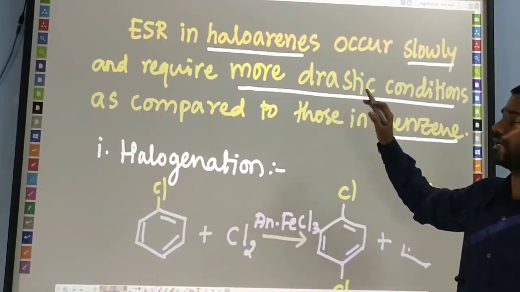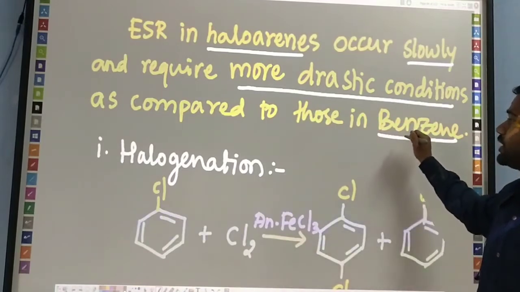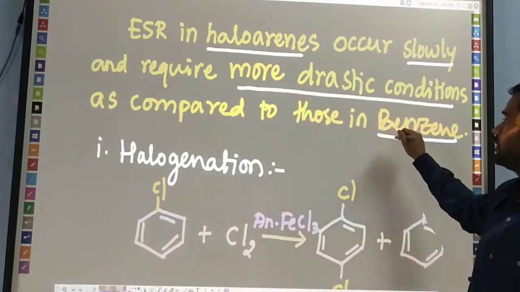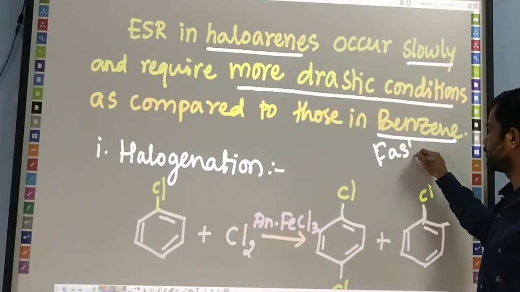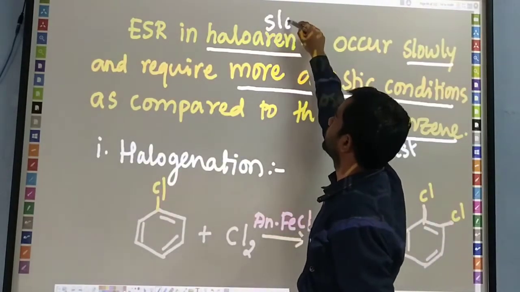That's why the reactivity order follows like this. Benzene reacts under faster conditions, but in the case of haloarenes the reaction is very slow.